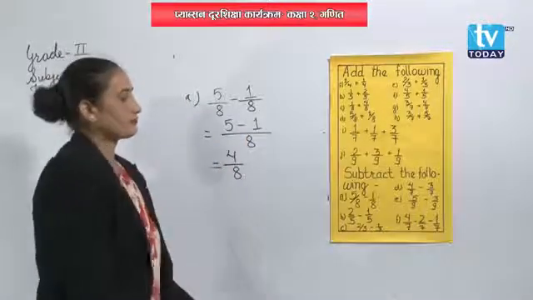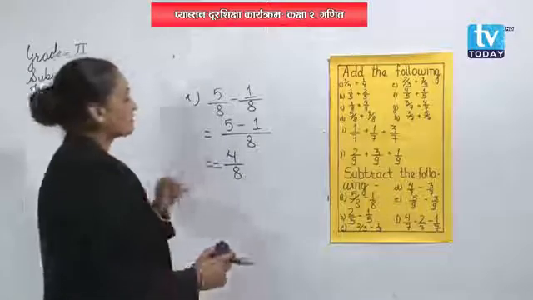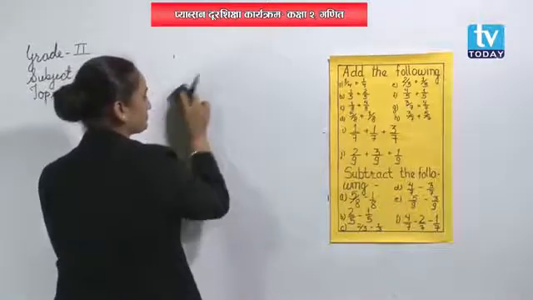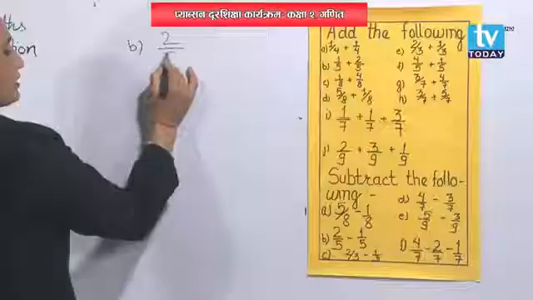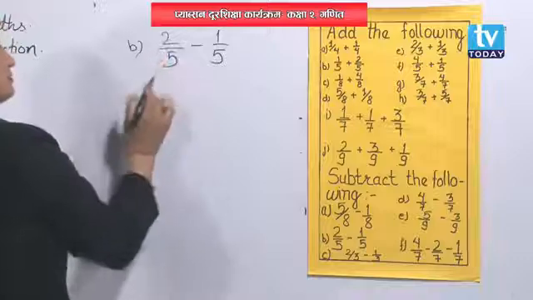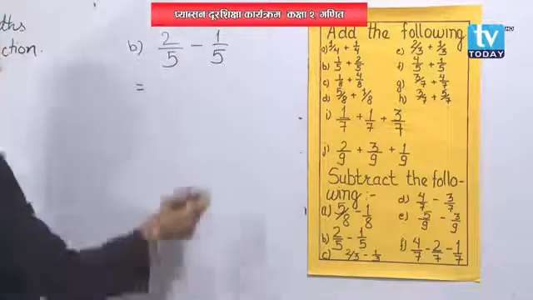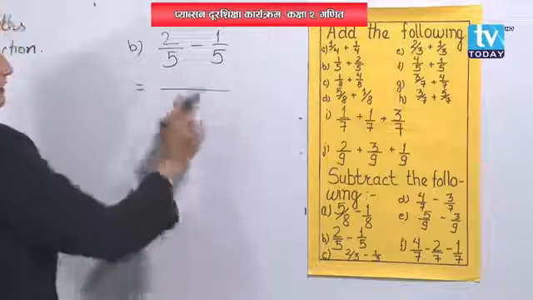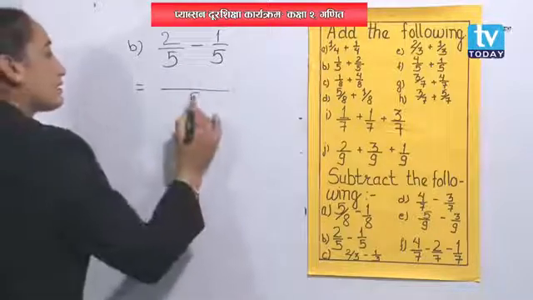Okay. Now, the next question, question B: 2/5 minus 1/5. So, students, have a look over here. Same as before, let's take 5 as the single common number.